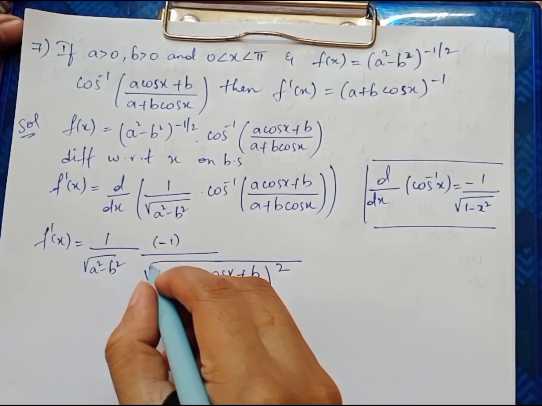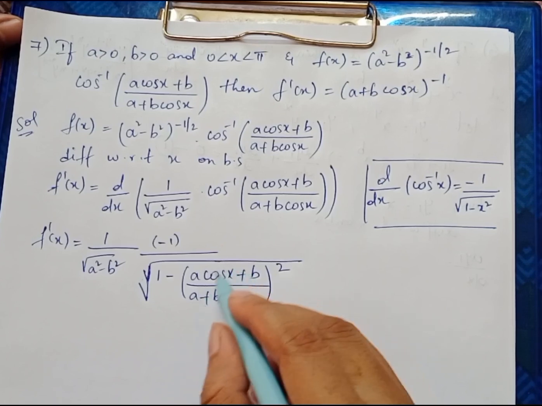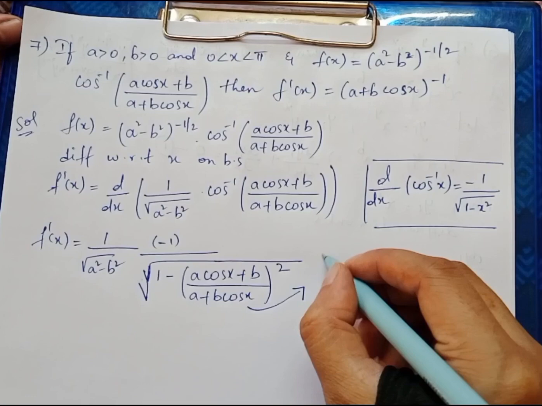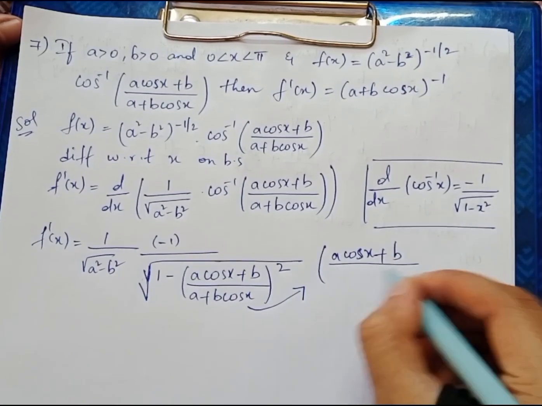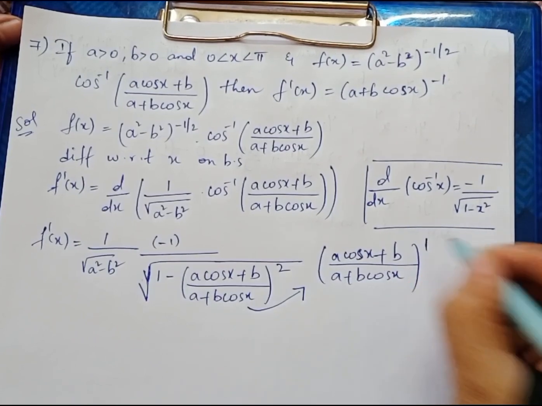So whenever we write the derivative, it should be only x, so this term is not x, so we should write the derivative of this term again. So it is the derivative of (a cos x plus b) by (a plus b cos x).